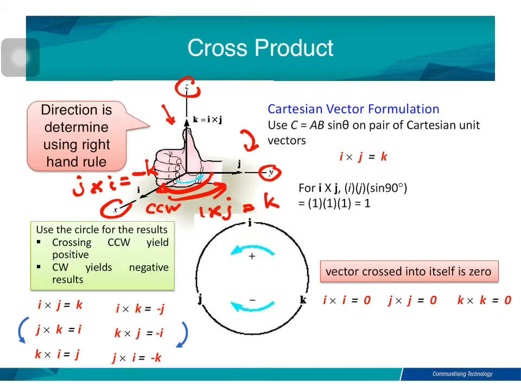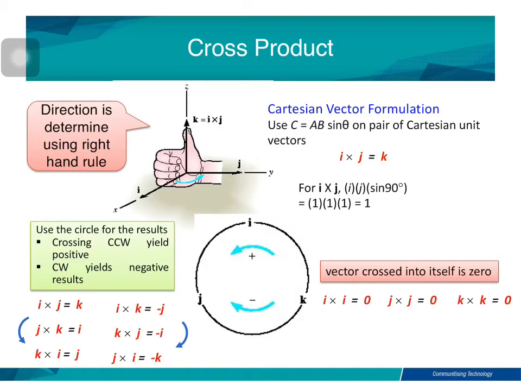Alright? So here, you can refer to the circle. When we use the circle for the result, crossing counterclockwise gives us the positive, and the opposite, crossing clockwise, gives us the negative.